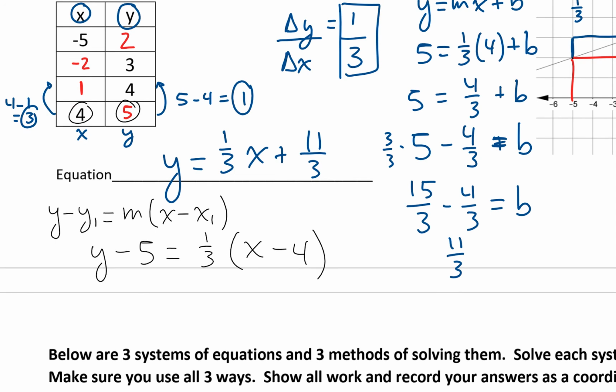So it doesn't quite look like it, but I guarantee if you distribute the 1/3 across this set of parentheses, and if you add 5 to both sides, you'll get the exact same thing. Okay, that's the last question on that page, question 10.